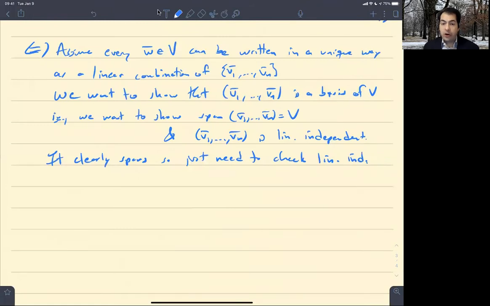So all of these proofs are always going to start the exact same way. Assume zero is a linear combination, a1 v1 through an vn. We need to show the coefficients are zero.